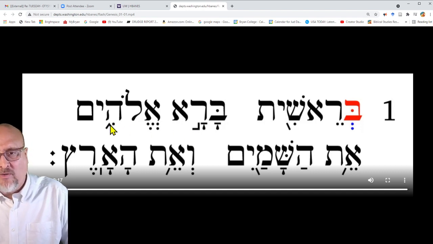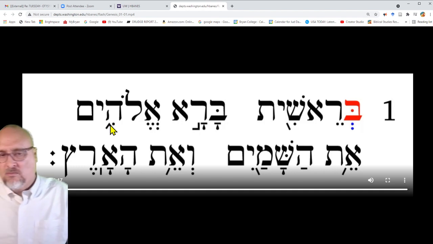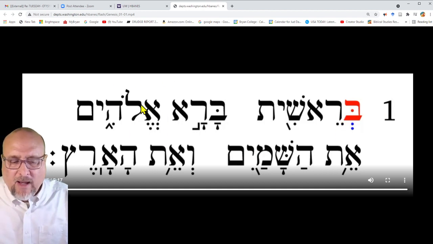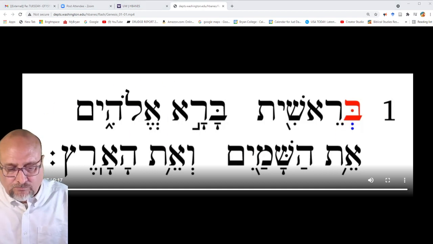So the marks in green, you don't pronounce anything, but it does show you the syllable that's being accented. And when we go to divide the words in syllables, that's going to be important to us to know which syllable is accented.